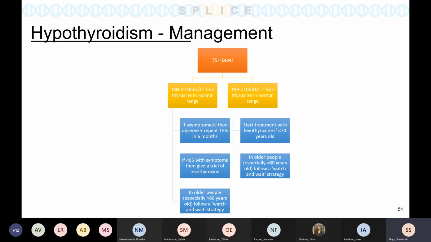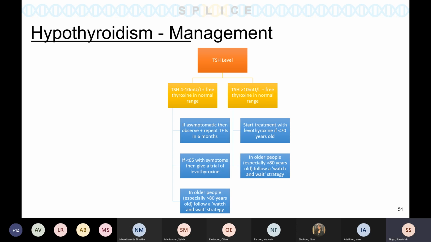Okay, so a quick word on TSH level with regards to hypothyroidism. This caused a little bit of confusion for me. So if we talk through TSH between 4 to 10 and a normal free thyroxine level. At this point, if somebody is asymptomatic, then you observe and repeat TFTs in 6 months.